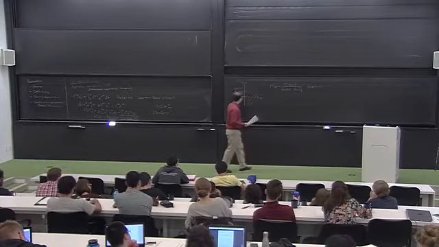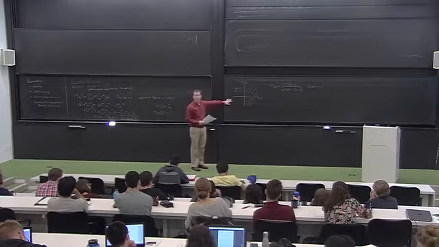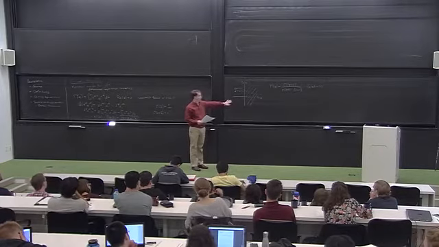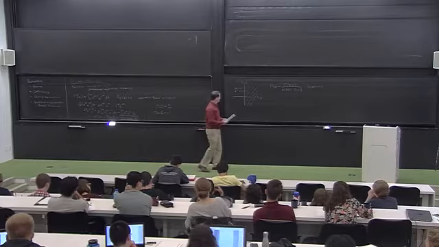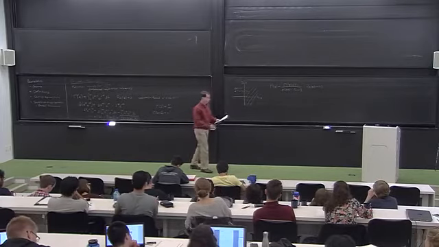And what we care about are the location and residues of the poles of the gamma function. It's really important in tutorial this afternoon.